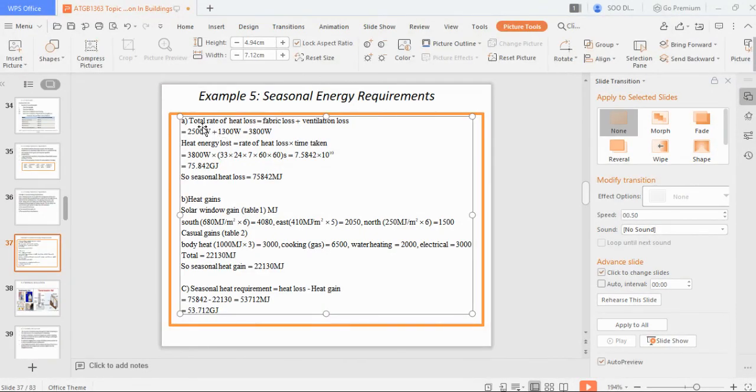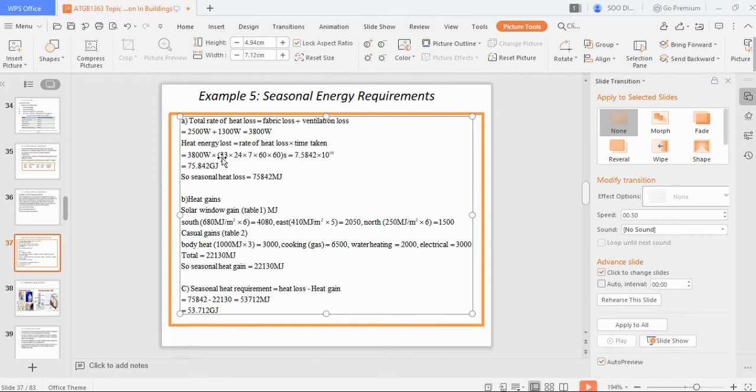The total rate of heat loss you can find just by adding the fabric loss and ventilation loss. Add them together, you get 3800. Energy loss is equal to the rate of heat loss multiplied by the time.